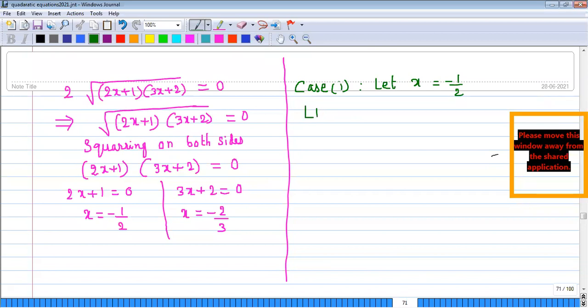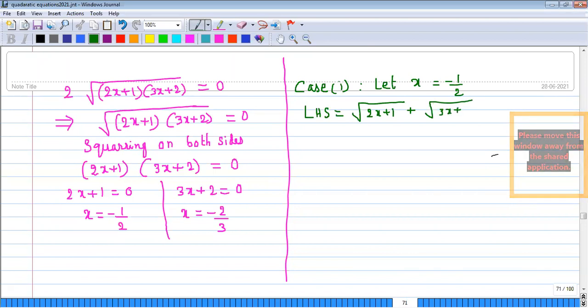Take left hand side of the question, that is root of 2x plus 1 plus root of 3x plus 2. This is left hand side. Substitute x is equal to minus 1 by 2. 2x is minus 1 plus 1, 0, root 0, plus root of minus 3 by 2 plus 2. This will be root of 1 by 2.